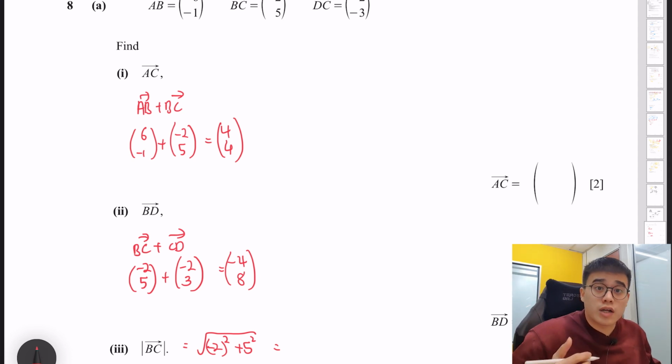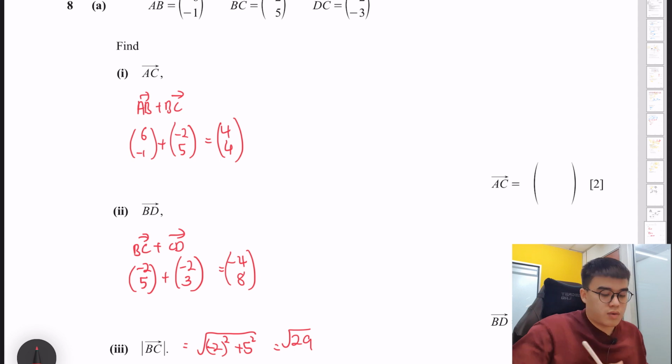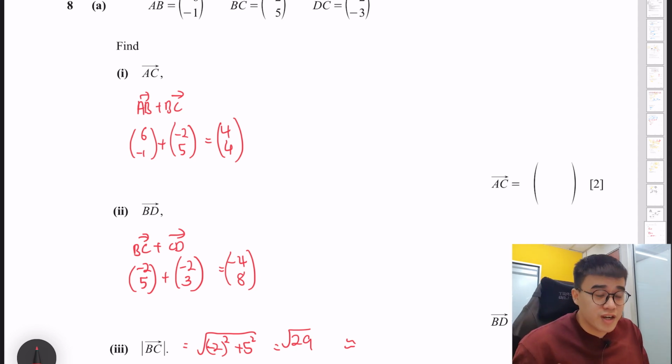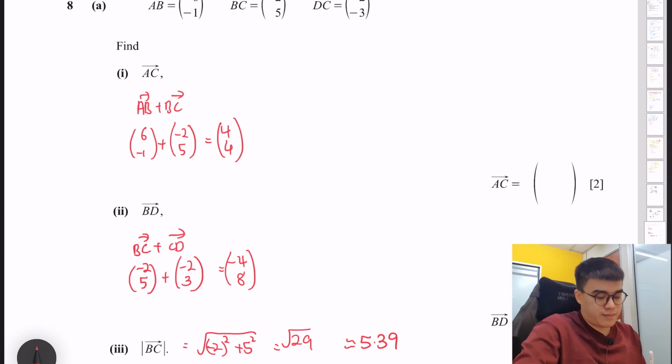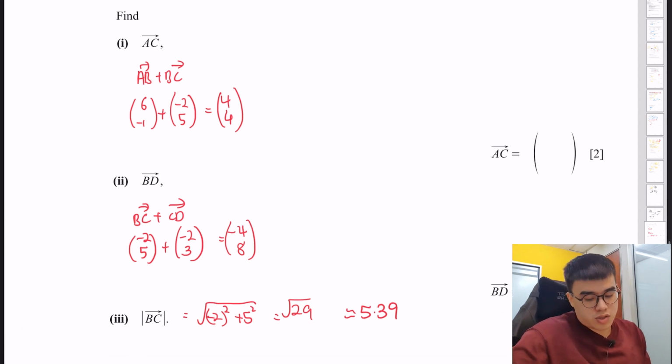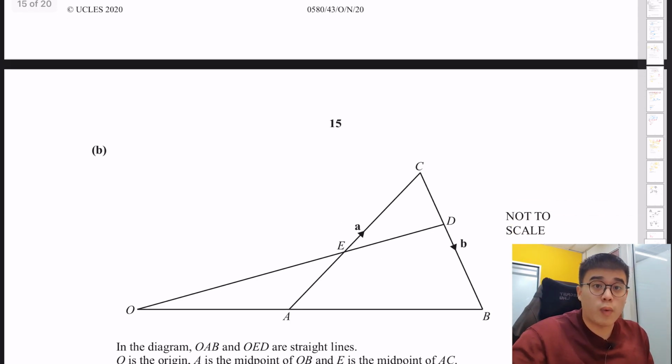So let's check your answer over here. You will get it as square root 29, which then after correcting to 3 significant figures, it will be 5.39. So this is for parts 1, 2, and 3.